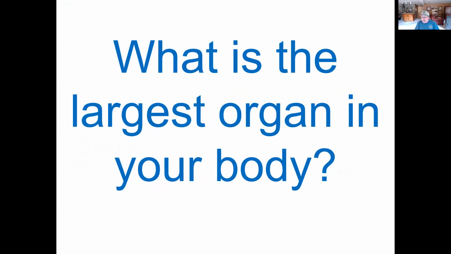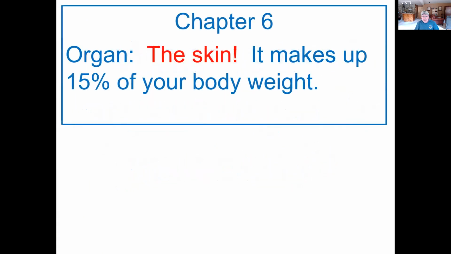But the reality is the biggest organ in your body is the skin. Yes, your skin is an organ made up of tissues, which we're going to talk about. In fact, a considerable percentage of your body weight is skin, 15%. If you were to weigh yourself, multiply that by 0.15, that would give you the pounds of skin on your body.